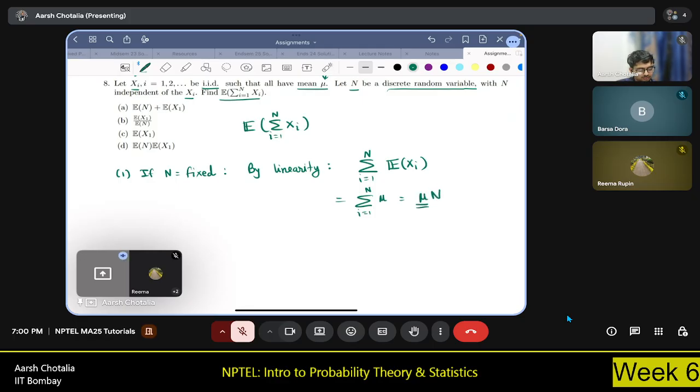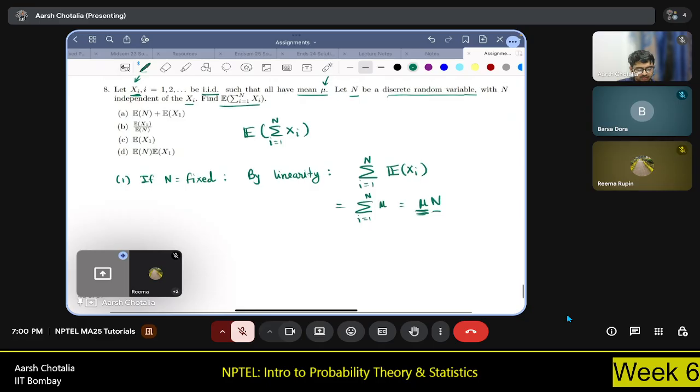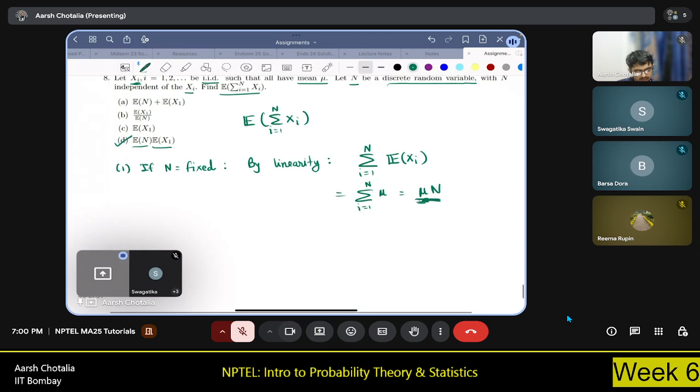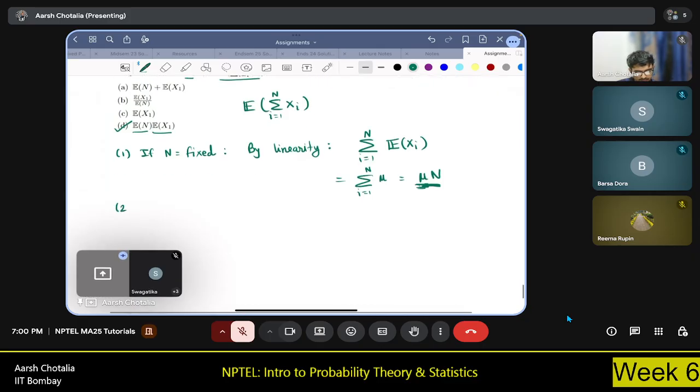So it's the expectation of Xi multiplied by this number n. So if n is fixed, then the expectation of n would be n, and the expectation of X1 is whatever it is, just mu, right? And as you can see, any other option does not fit this pattern. So it has to be this one. But now let's see why it is exactly that one.